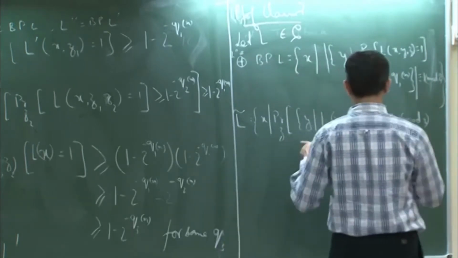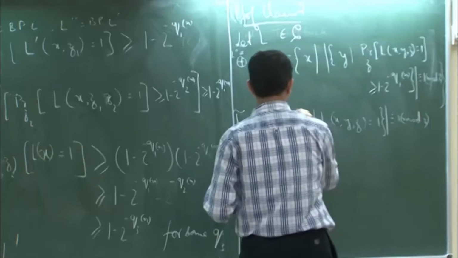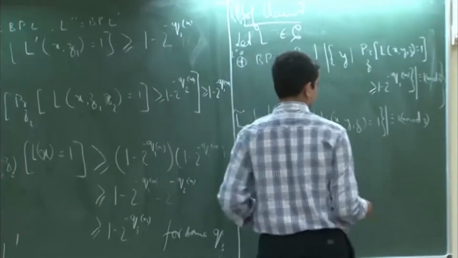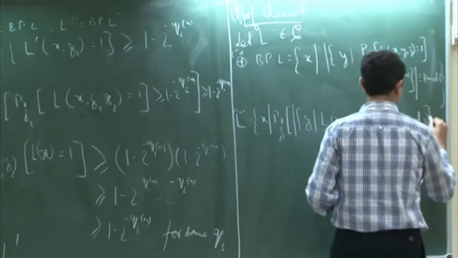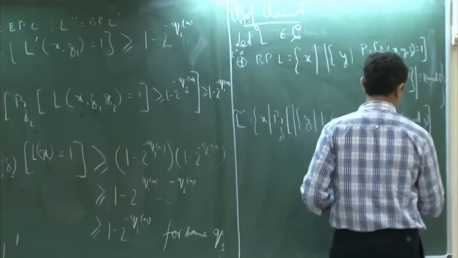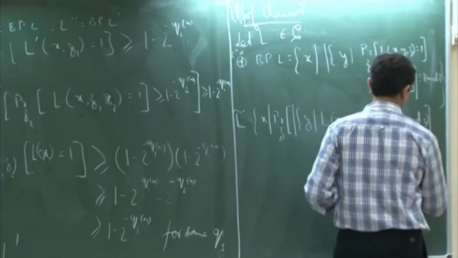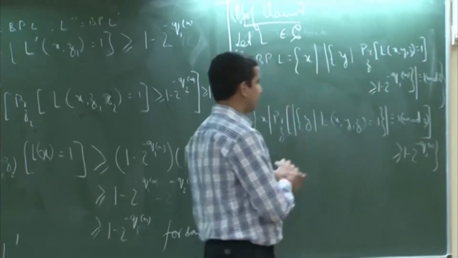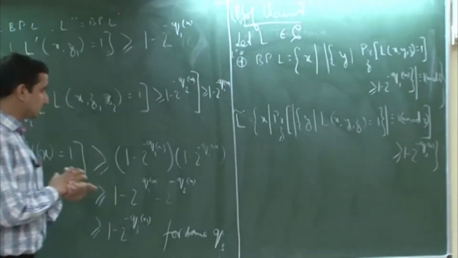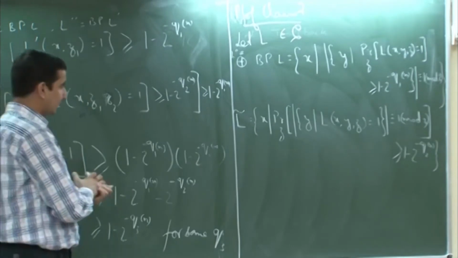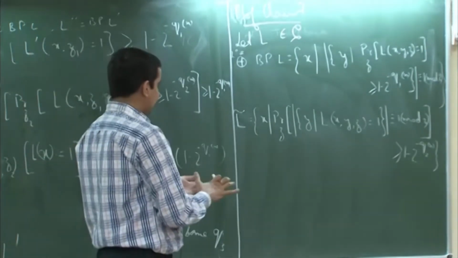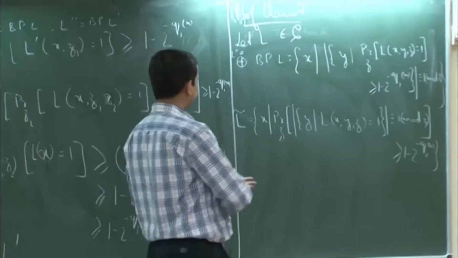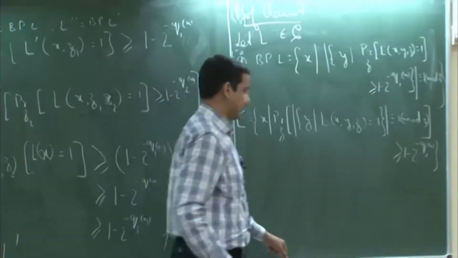So, the probability of this event happening, that this number is odd, is greater than 1 minus 2 to the power minus q2 of n, for some polynomial q2. Okay. So, we will appropriately fix our q1 and q2 later on, but essentially we will show that these two languages are the same.